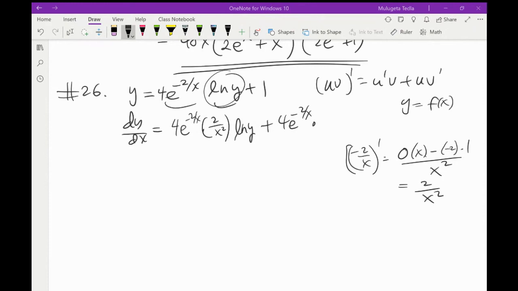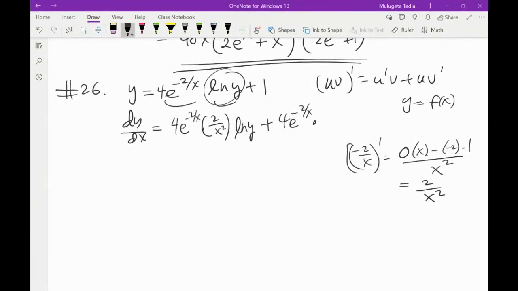Is that all? Yes. So it's 1 over y dy/dx because it's implicit differentiation. I don't know how y is related with x. So all right, here dy/dx, and I have dy/dx here.